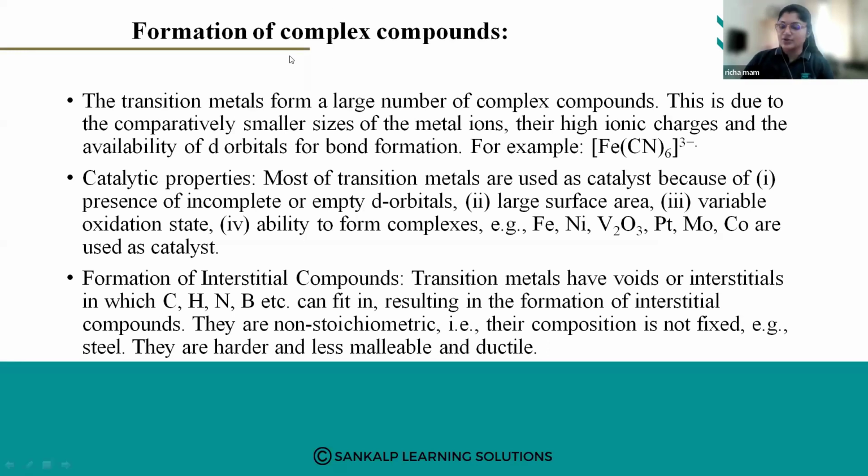What do you mean by a complex? When metals link with negatively charged ions or neutral molecules, these are said to be ligands, and what they form is a complex.